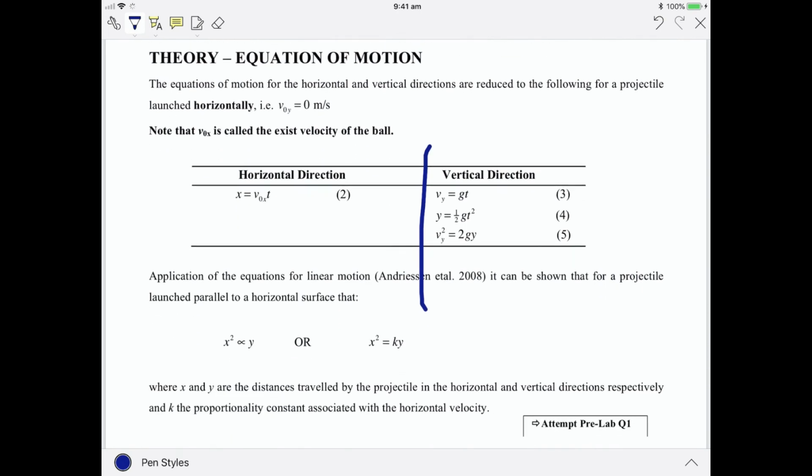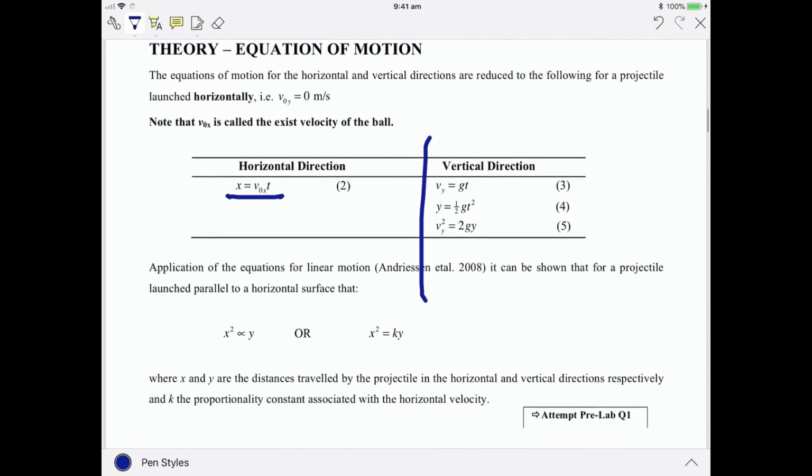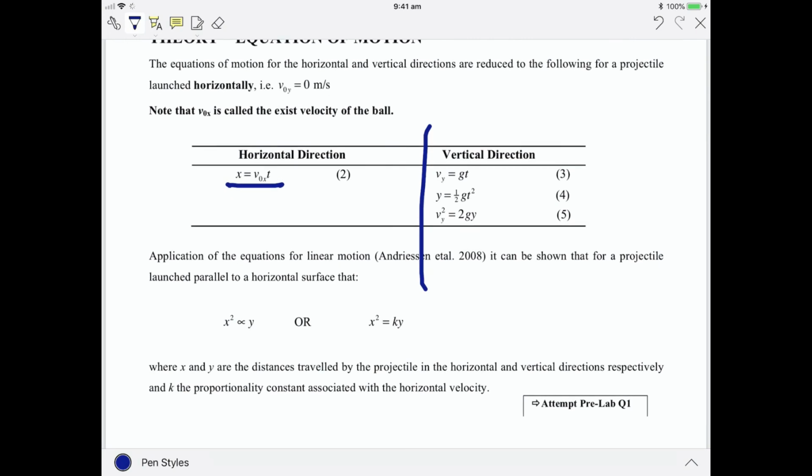the x is in the horizontal direction, as you always know, velocity multiplied by time, whereas for the vertical component, you can use either of these. But if you really want to relate the x and y, you may want to say this may be a better choice.